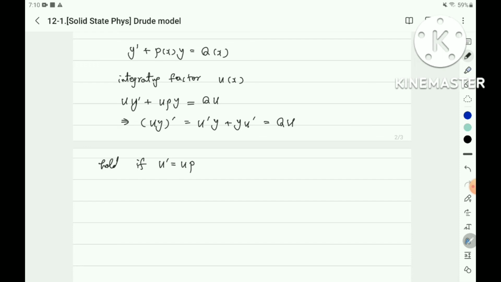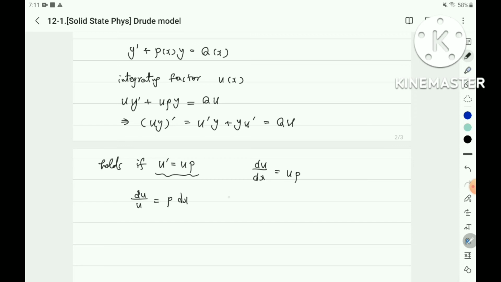It holds like this. Then here, u prime equals p u, which means du/dx equals p u, so du/u equals p dx.